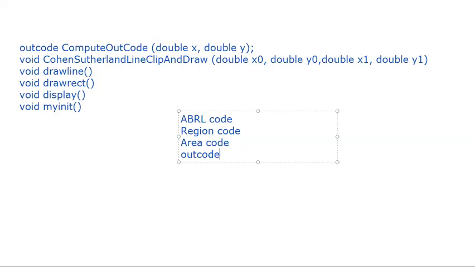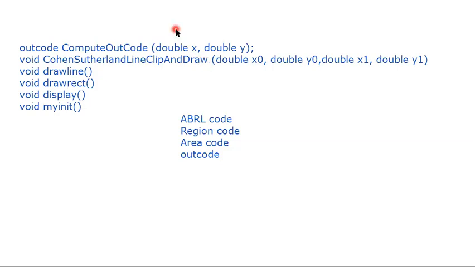Now we will go for the second function. The second function is void Cohen-Sutherland line clip and draw. This one actually does the clipping of the program. I think you have seen 2 diagrams in the output.